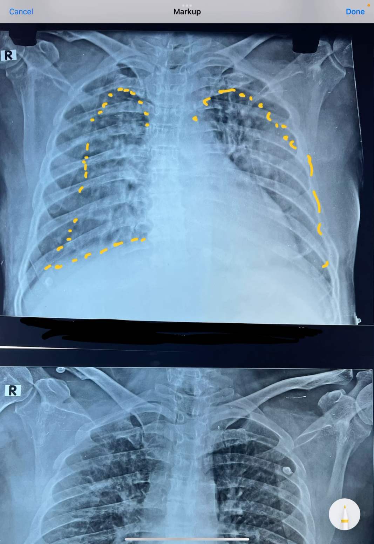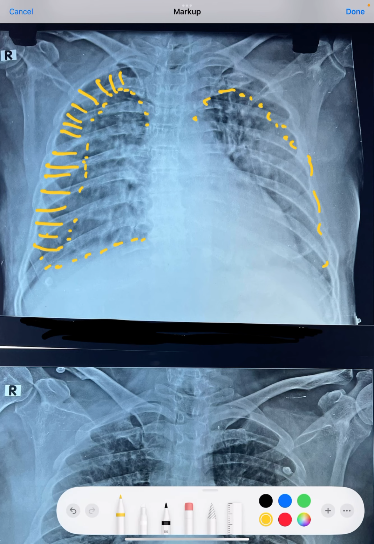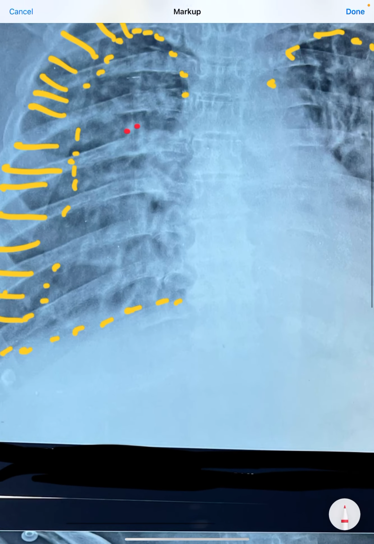You can see the outer part of this X-ray is radiolucent compared to this area.